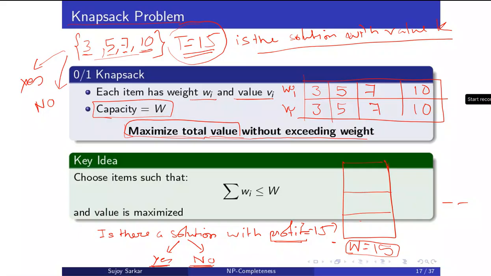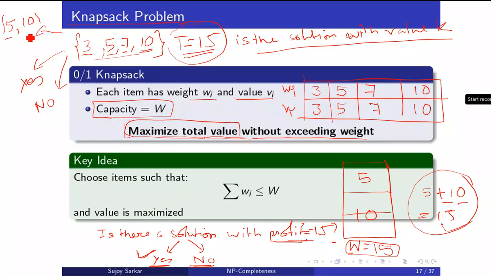So for which selection will we get that? We can select 10 and 5, so we get 10 plus 5, 15. So yes, there is a solution for knapsack where profit is equal to 15. And we can see that is the solution for subset sum also, 5 and 10, which equals the target.